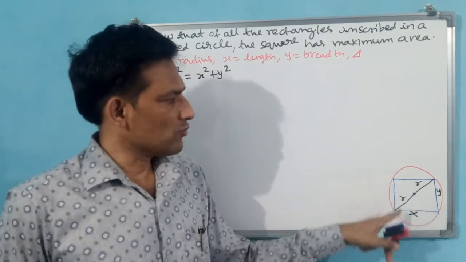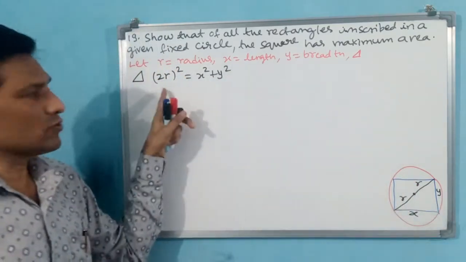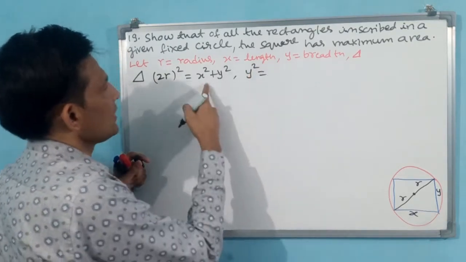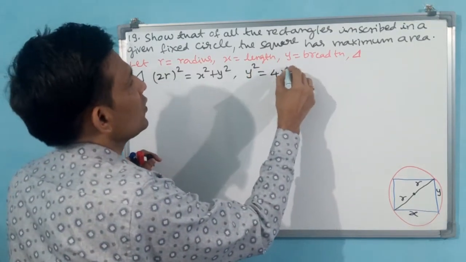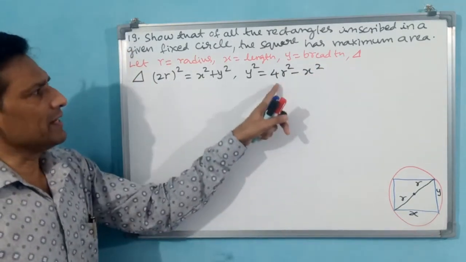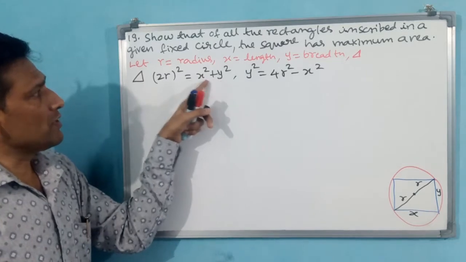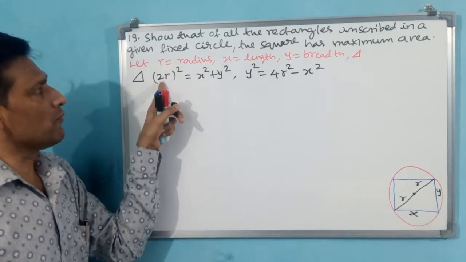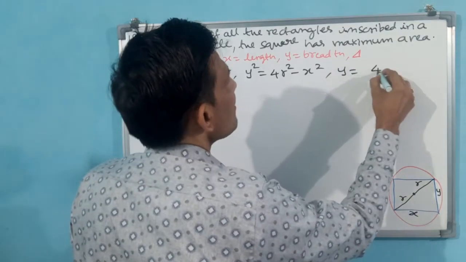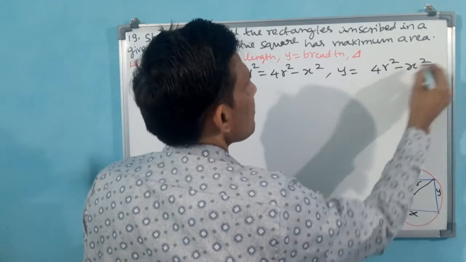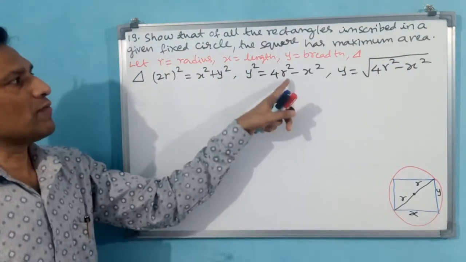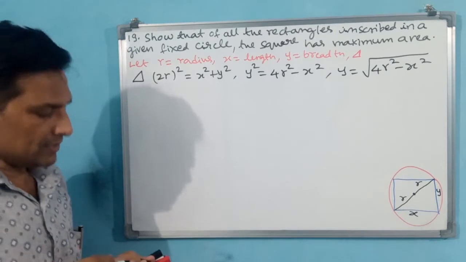R plus r, 2r square is equal to x square plus y square. Okay. You see what I am writing. Y square is equal to, I am sending x square this side, 4r square minus x square. Y in terms of x I am writing. That's all. Y square is equal to 4r square, since 2r whole square is 4r square. Then y is equal to the square root of 4r square minus x square. Okay. Is it okay? Yes.